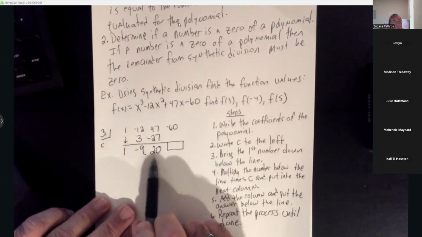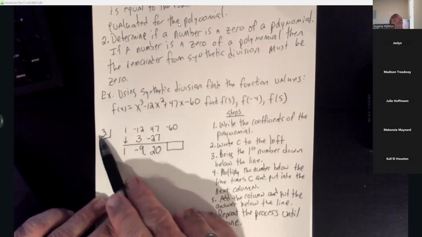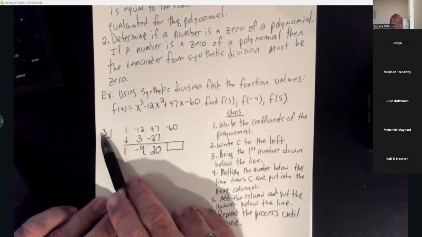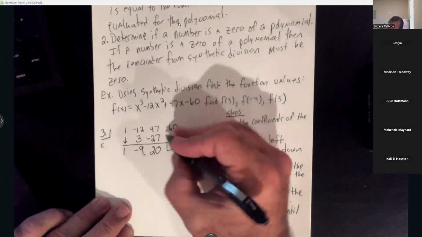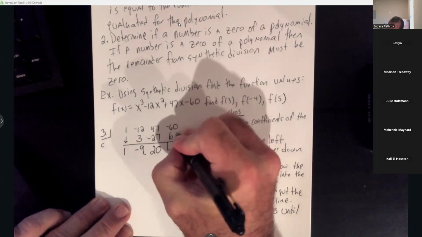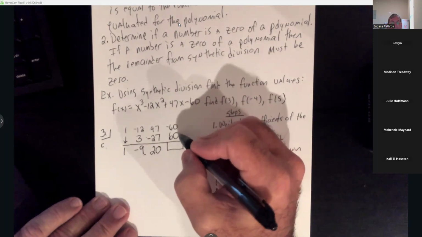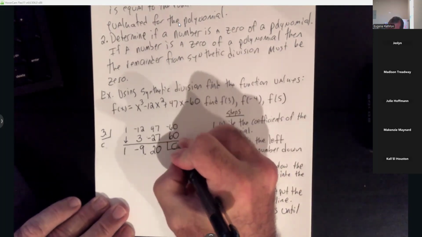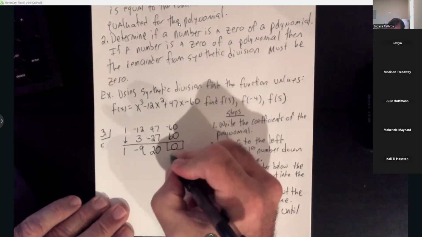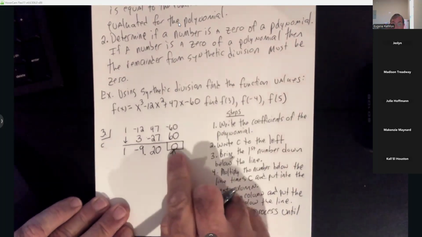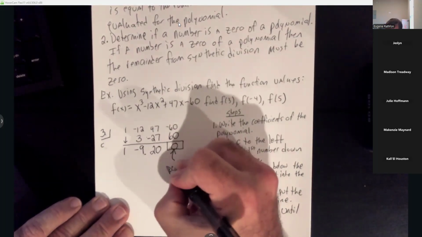All right, y'all, now, since the number's below the line, we're going to multiply by 3. 20 times 3 is 60. So we put that in the next column. And then we're going to add this, negative 60 and 60 give me a 0. So this is the remainder.